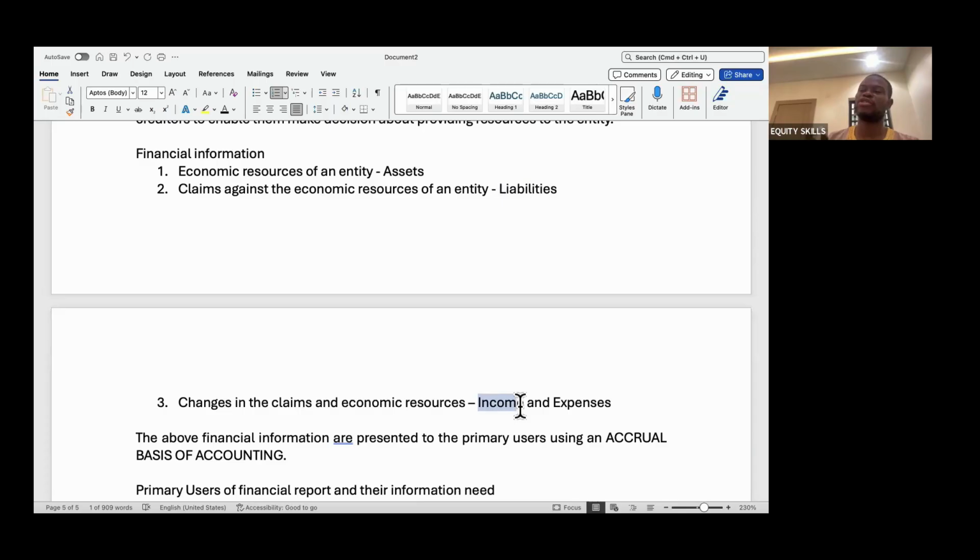So even if you have not received the money, even if you have not collected the money, you should put it in your books. The same thing goes for expenses. You recognize expense in your book when you have incurred the expense, right? When you have enjoyed the benefits.